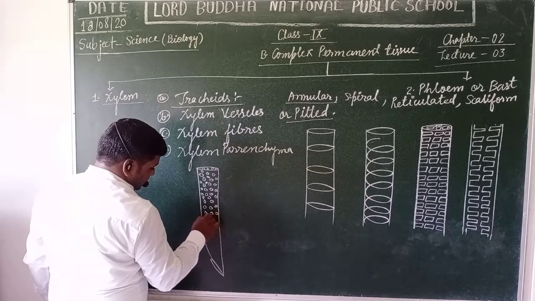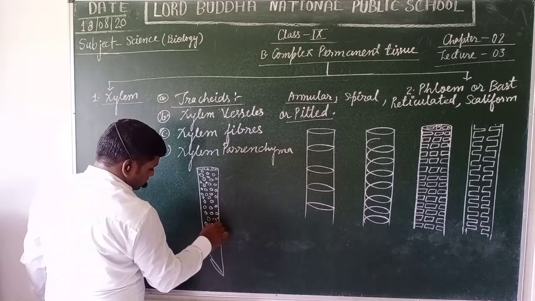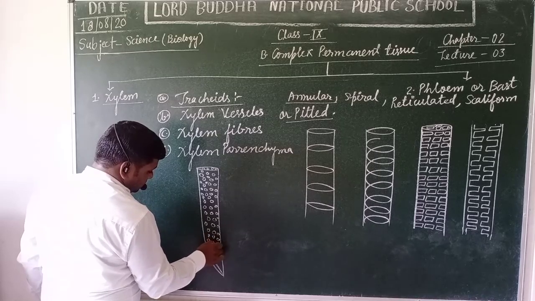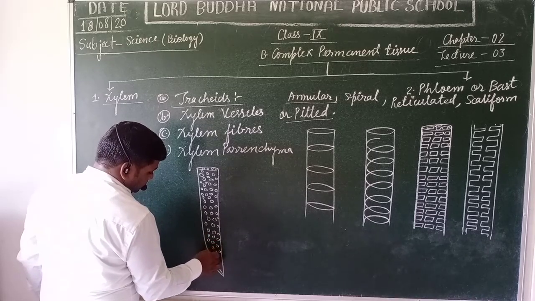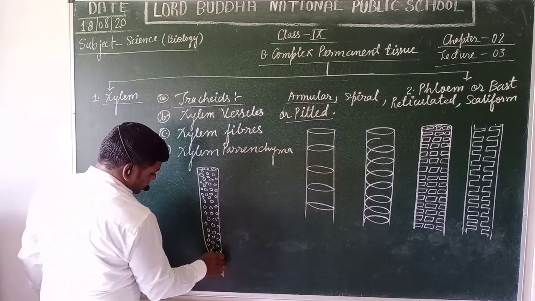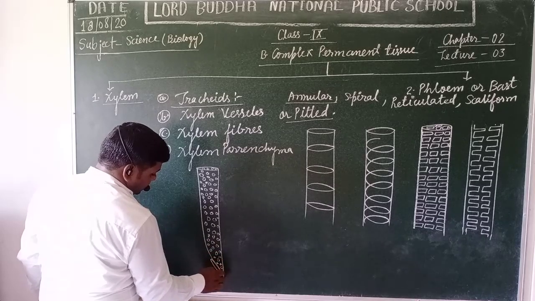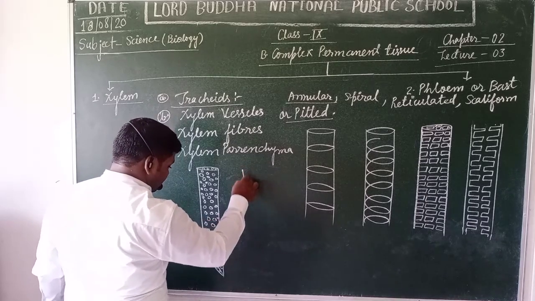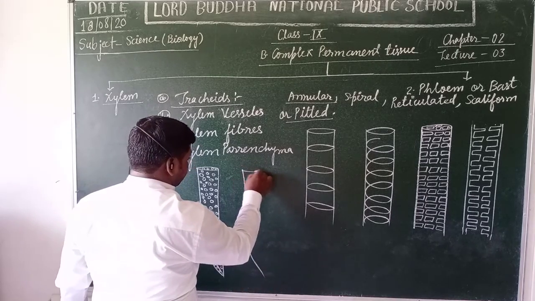These are the simple pits because they do not have any kind of border, and they are mainly found in gymnospermic types of plants and sometimes in some other plants like Graptolius.